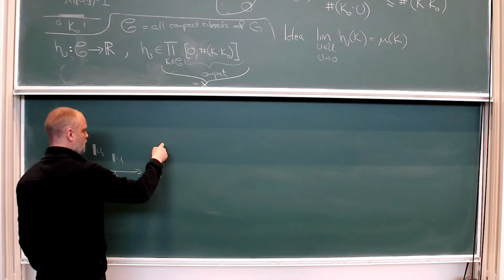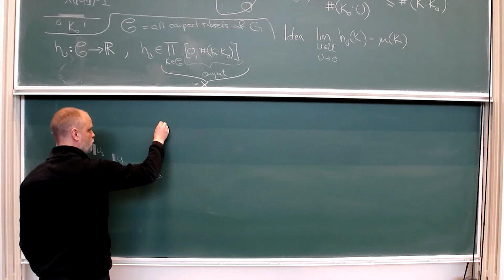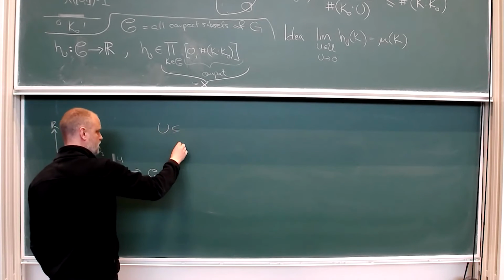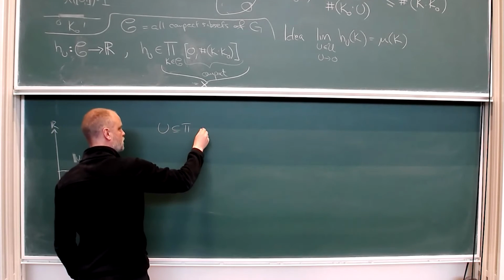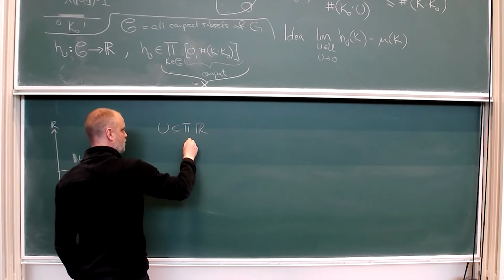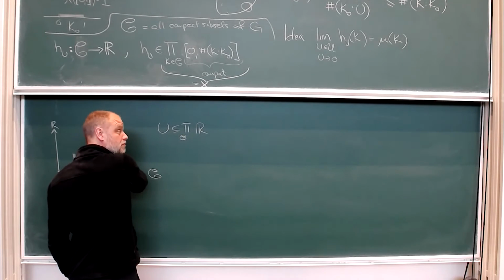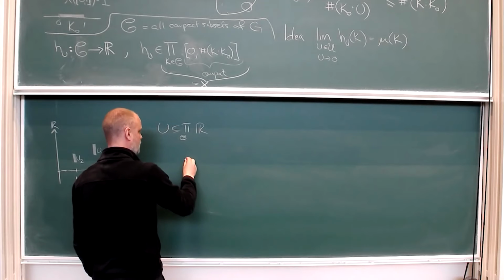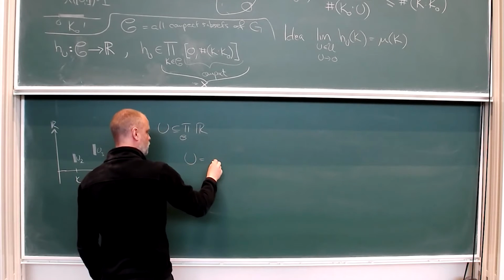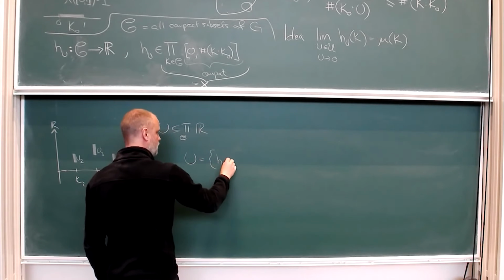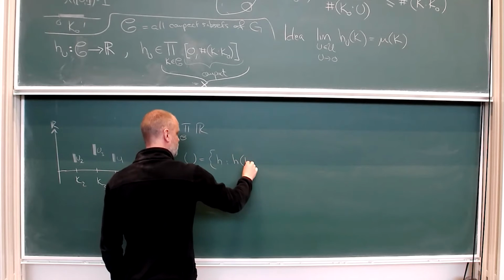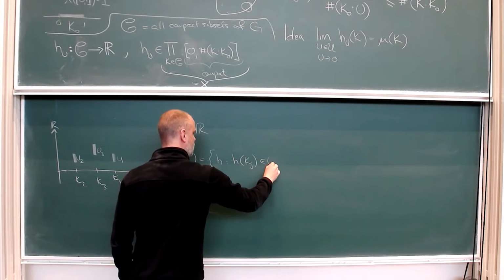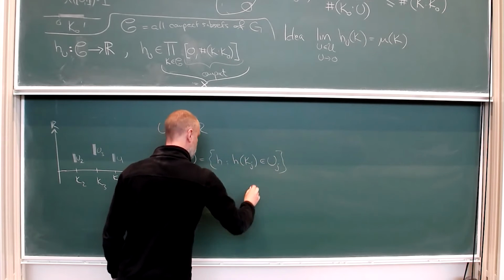So U is now a subset of your infinite product, whatever it is. Let's say I'm back in the R situation. Then U is equal to all sequences H such that H of Kj is in Uj, right?